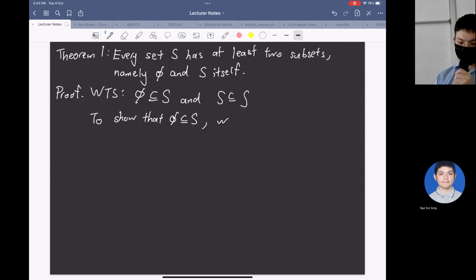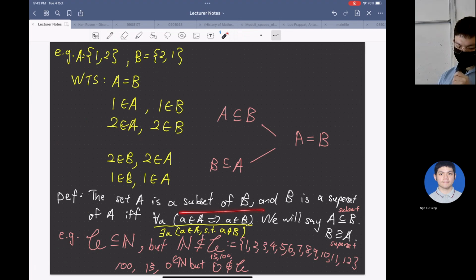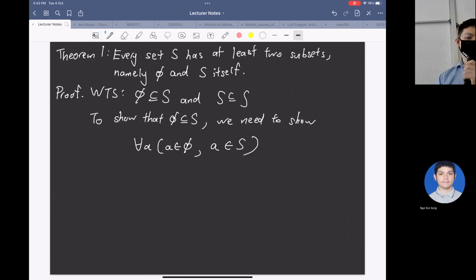By definition, the definition of subset is that every element in A has to be in B. So for every element a in the empty set, we need to show that a is in X. What is the definition of the empty set?